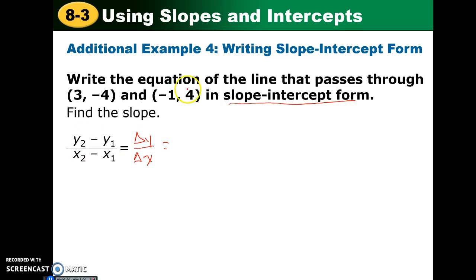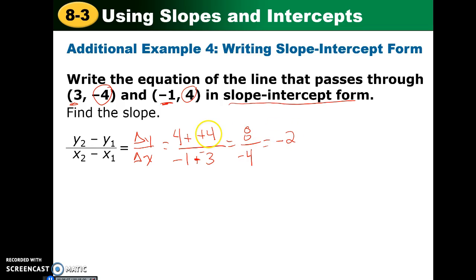So if this is my y2, 4, this is my y1, minus negative 4, over x2, negative 1, minus x1, 3, equals 4 minus negative 4 is like plus a positive, that's 8. Negative 1 minus 3 is negative 4. That simplifies to negative 2.